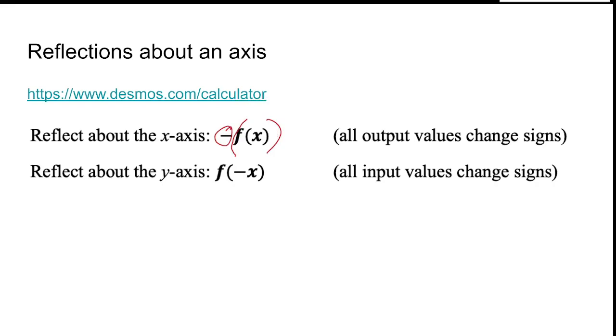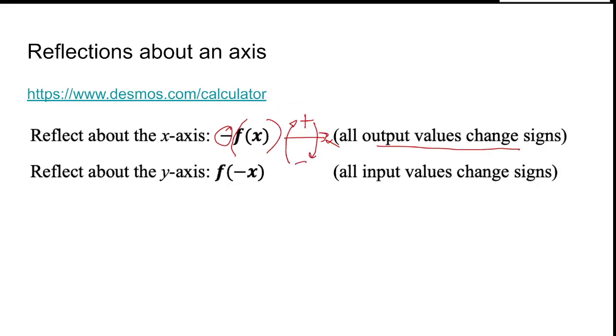And so all of the output values will change. The y values will change. So as y values change, here's our x-axis, whatever was a positive y will now become a negative y, and whatever was a negative y will become a positive y.